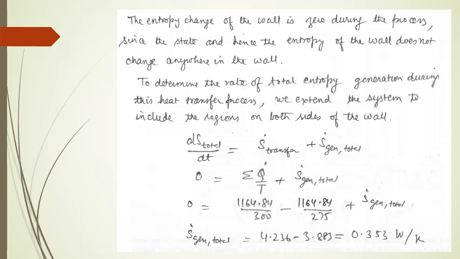The entropy transfer rate associated with the heat transfer will be 1164.84 upon 300 minus 1164.84 upon 275 plus the entropy generation rate total, which comes out to be 0.353 watt per Kelvin.